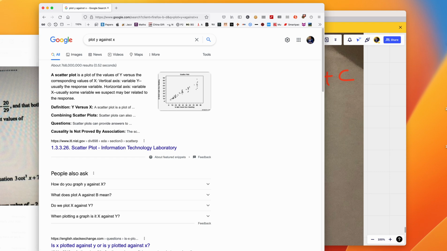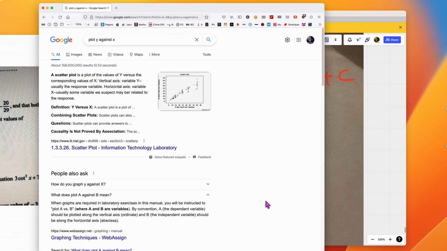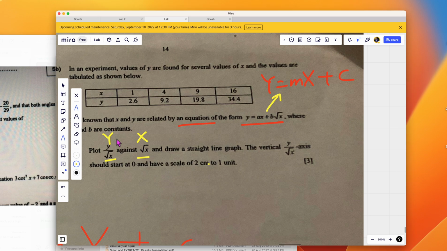I think it should be: plot A versus B. So A is the dependent, then B is the independent. So B is the horizontal, yes. So this one is the vertical. This one is the horizontal.